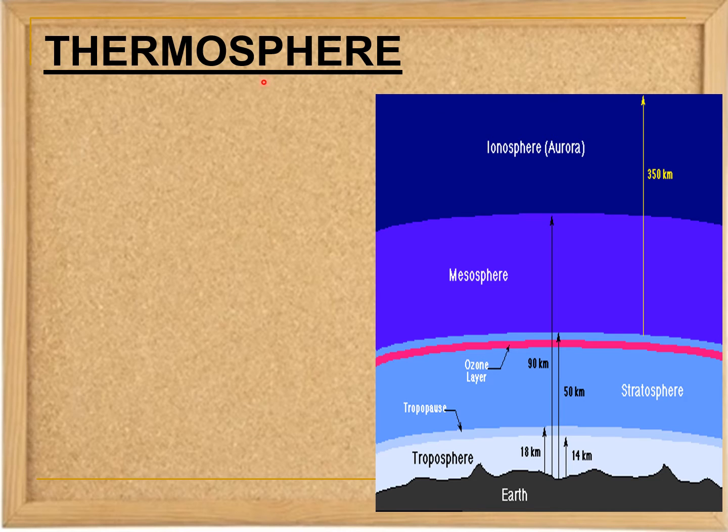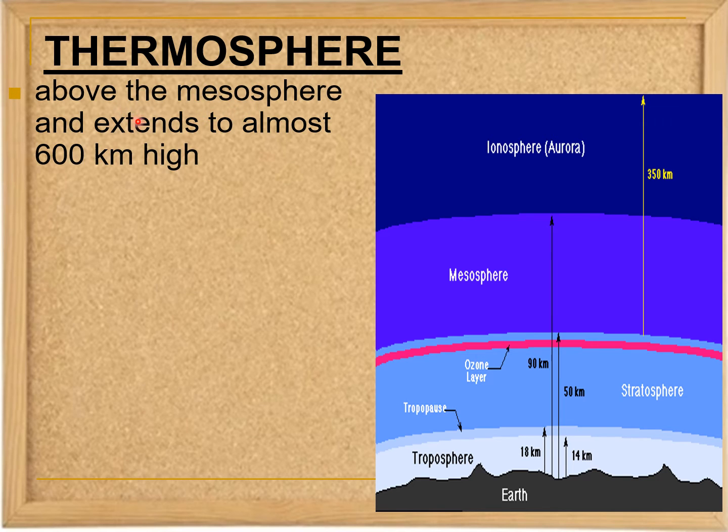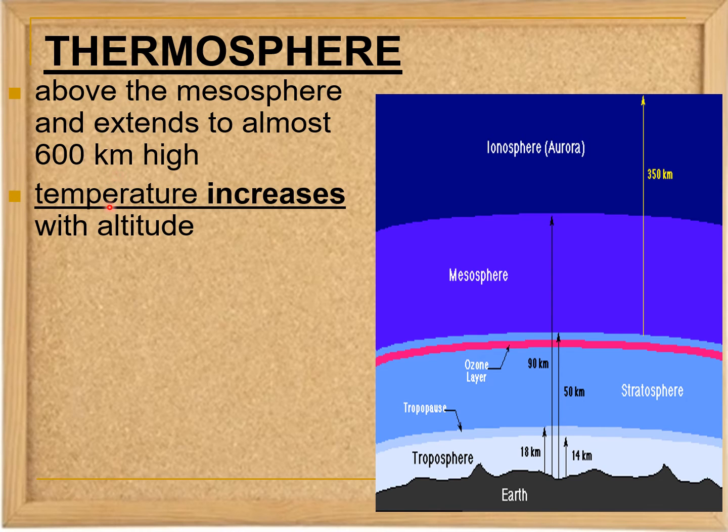Your thermosphere is already above 600 kilometers from the ground. So it's very, very high. The temperature here is increasing with altitude, please take note. It readily absorbs solar radiation. Basically, this layer is already facing outer space.